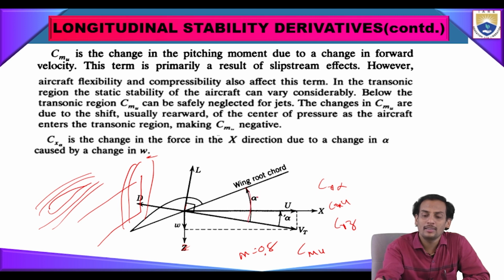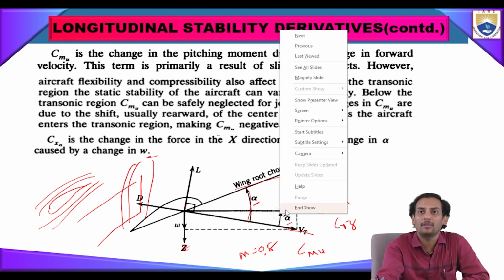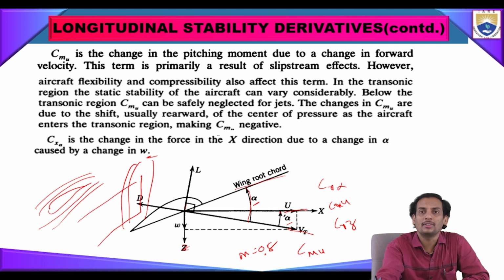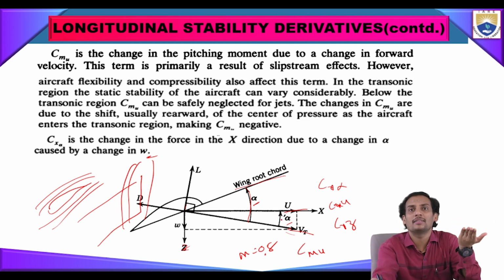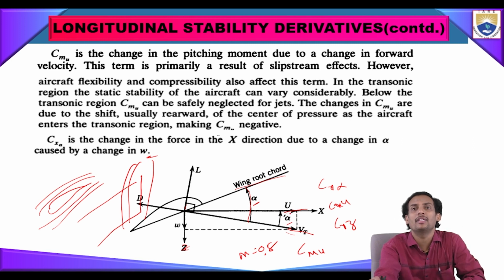So this alpha is actually the angle of the thrust vector velocity to the wing chord, given with the alpha, and a change in this alpha will be given with alpha prime. That is with respect to the velocity direction u, the x direction, to the thrust velocity vector w, because we already discussed this also. The thrust vector and w may not be in line. There will be some angle in between.